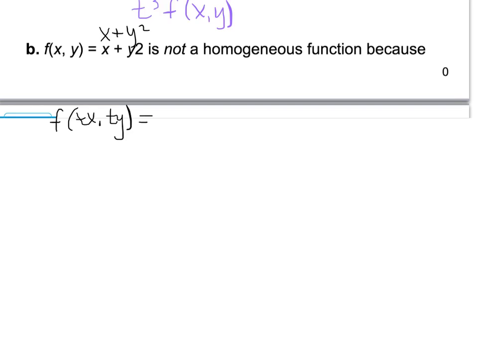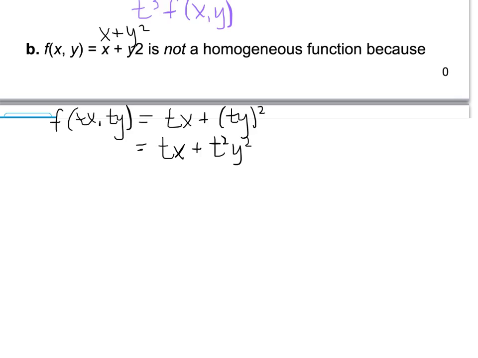So when I replace everything in my function with tx or ty, I end up with tx plus the quantity of ty squared. When we simplify, we get tx plus t squared y squared.